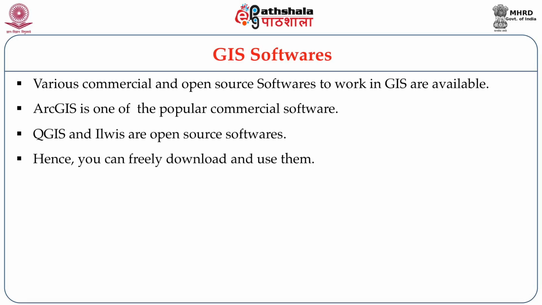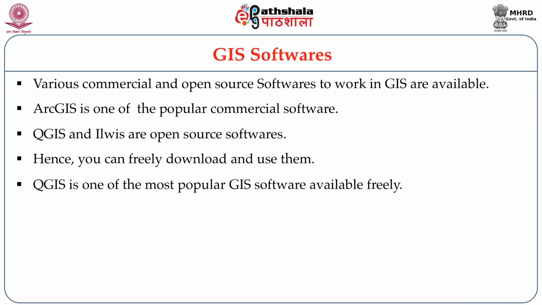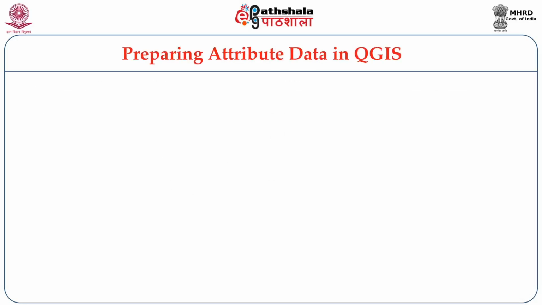Hence, these softwares can be freely downloaded and used. QGIS is one of the most popular GIS software available freely, and it has a lot of advantageous features. So let us now learn the process of preparing attribute data.